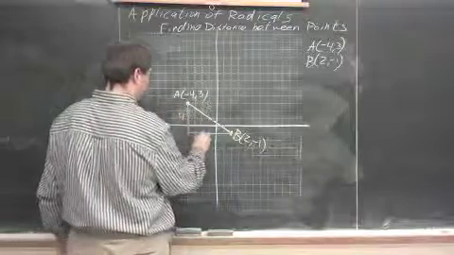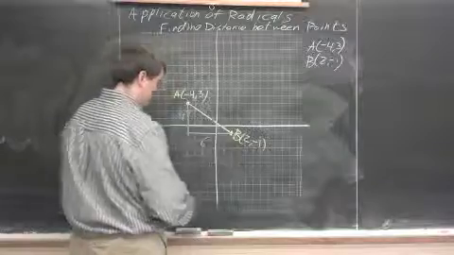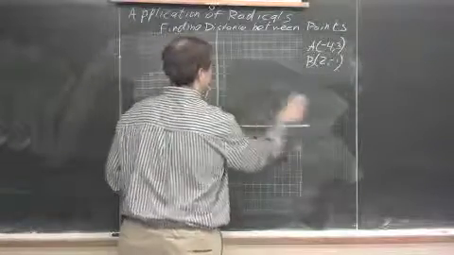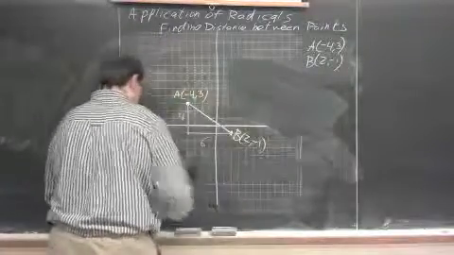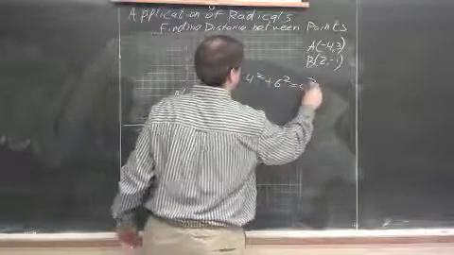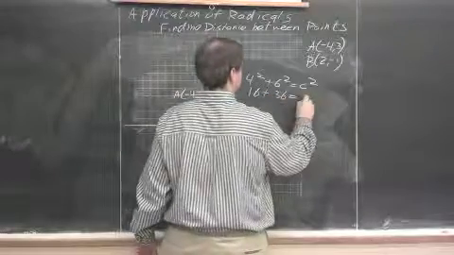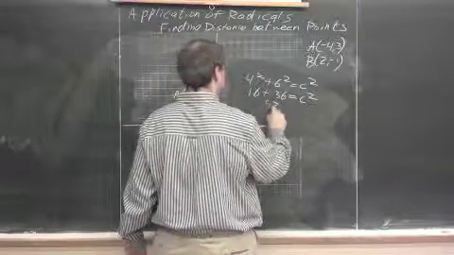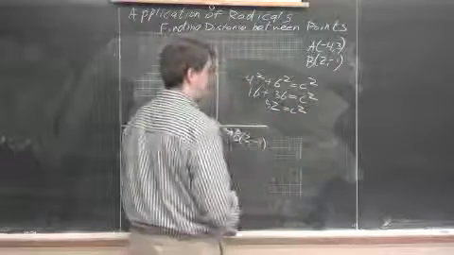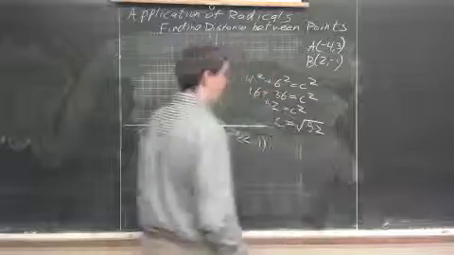And over 1, 2, 3, 4, 5, 6. So when I go to use my Pythagorean theorem, I have 4 squared plus 6 squared equals c squared. So that's 16 plus 36 equals c squared. So that gives me 52 equals c squared. So that means c is equal to the square root of 52.